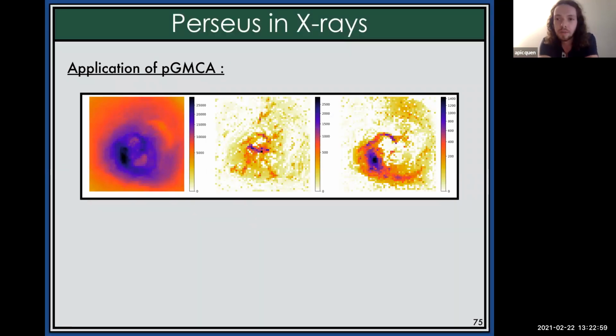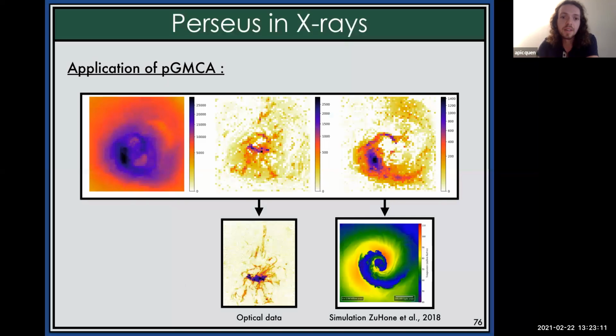The first one being what we can see in X-ray. And thanks to the PGMCA, this first one was also decorrelated from 2 other images that were never previously seen in X-ray directly. The second image is really similar to a structure that we can see in optical data, but that was not directly observed in X-rays before.